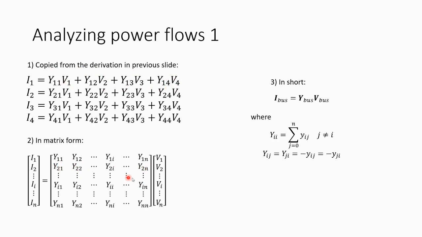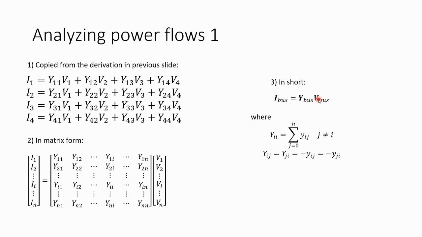The second row, multiply this entire vector to get these equations, and so on and so forth. So we can rewrite this big matrix into something more compact, like this. We simply represent this matrix I as a bold letter I, this matrix Y as bold letter Y, and this matrix V as a bold letter V.